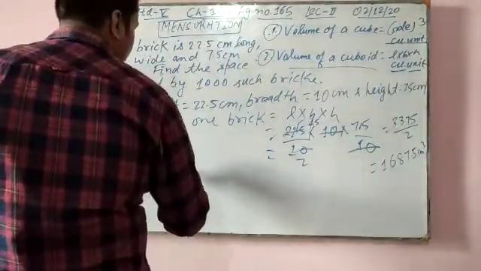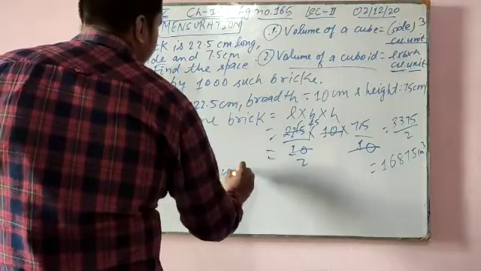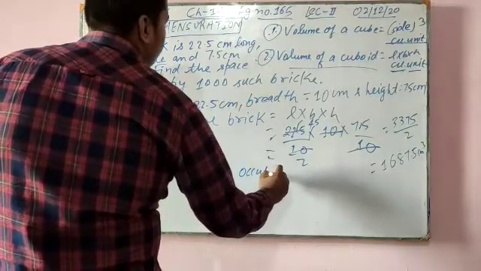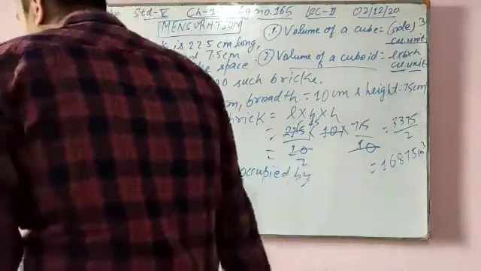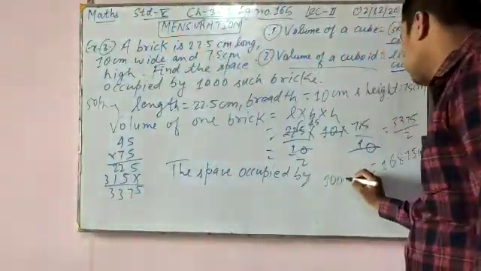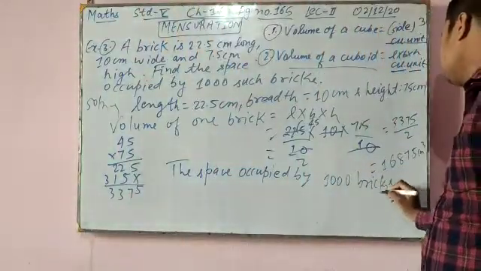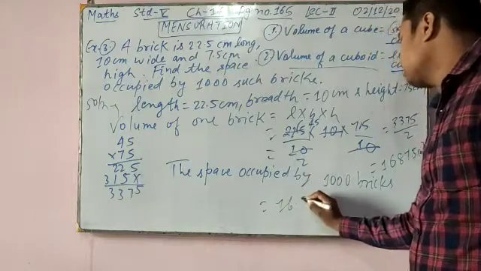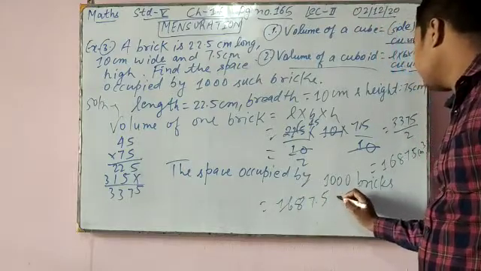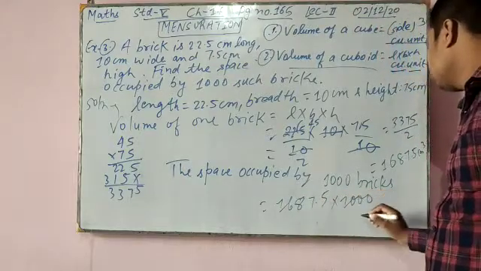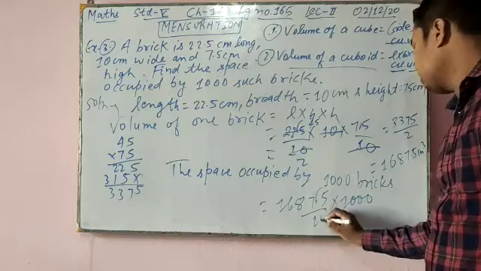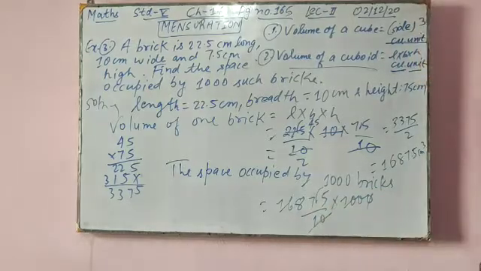Now you have to find the space occupied by 1000 bricks. Okay. So you have to multiply the 1687.5 into 1000. Now remove this decimal, 10 will come, from 10 to 110 will go.